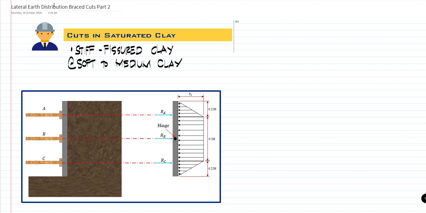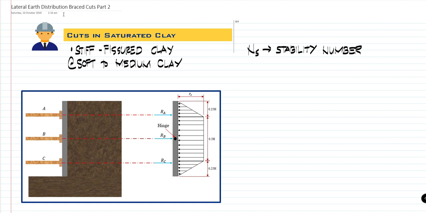So, dun papasok yung tinatawag natin na factor, which is N sub S, and this is known as the stability number. So, using this one, madedetermine na natin if we will solve a stiff fissured clay or a soft to medium clay.